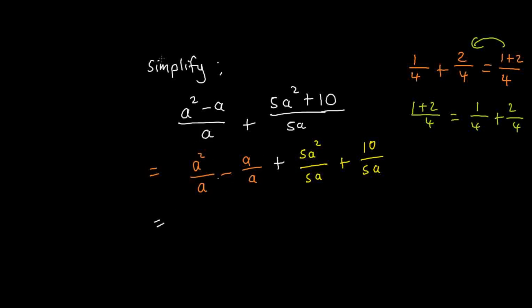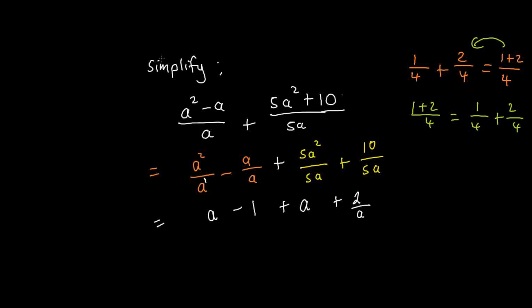There are four terms here. A squared divided by a will just be a. Remember, it's a raised to the power of 2 minus 1. There's an invisible exponent of 1. Minus a divided by a is 1. Any number divided by itself is 1, except for 0. 0 divided by 0 is undefined. Plus 5 divided by 5 is 1. A squared divided by a raised to the power of 1 is a raised to the power of 1. Plus 10 divided by 5 is 2, right?